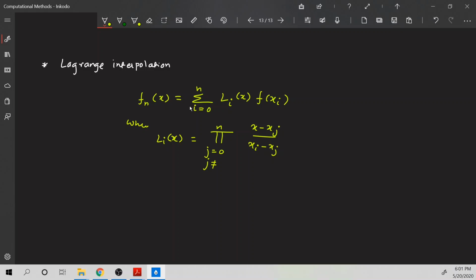One thing you need to know is that while you are writing down this polynomial, make sure that i should not be equal to j. What is going to happen if i is equal to j? This will become 0 and it will become infinity, undefined. That is why we don't use this. So this is the formula for Lagrange interpolation.